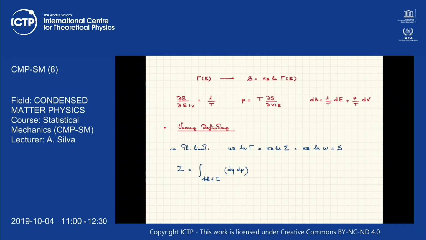And omega is defined as d sigma dE, the derivative of sigma with respect to the energy, because it is how this volume changes as I change the energy.